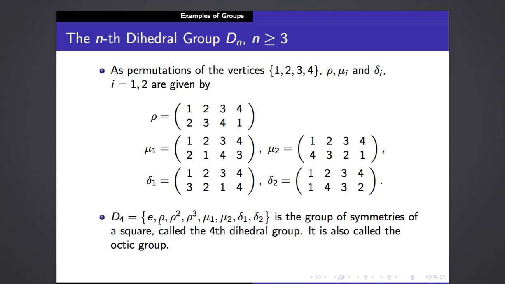So this is a group of 8 elements, and geometrically, this is the group of symmetries of a square. It is also called the octic group, obviously because it has 8 elements.